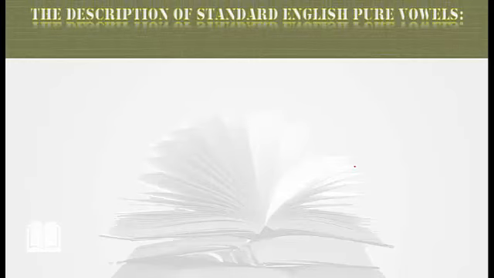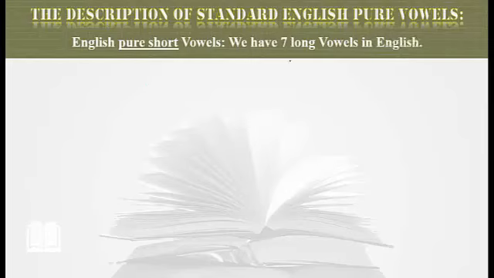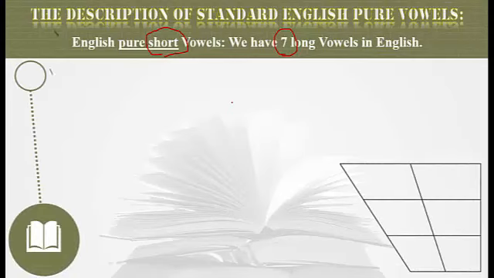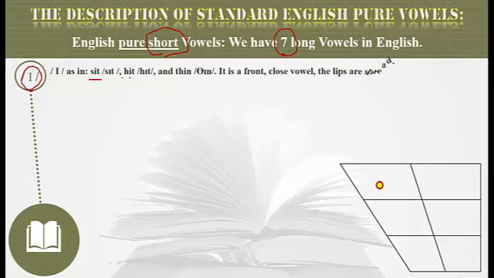So far, we have dealt with in details the description of English long vowels. The next stop on our pure vowel list is the English short vowels. Now once again, the short vowels in English are 7 in total. The first short vowel is the E sound, as in sit, hit and thin.